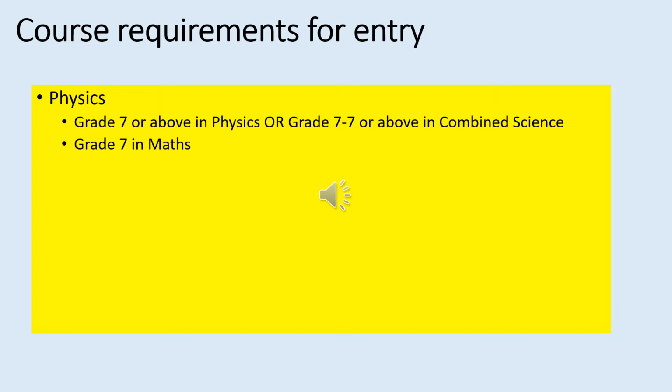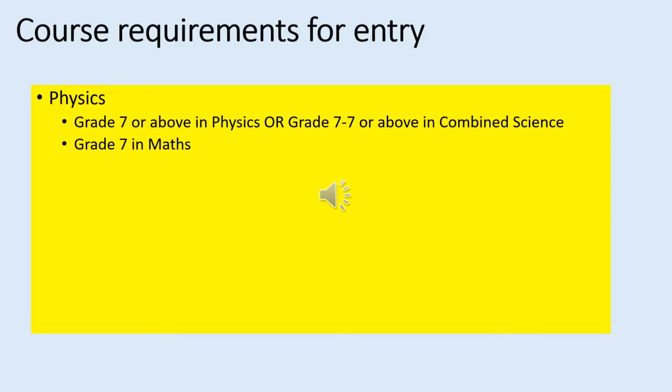Now, the usual requirement we have for entry into A-Level Physics is as shown on the screen. We have grade 7 or above in physics, or a grade 7/7 in combined science, and a grade 7 in mathematics. Most people who take A-Level Physics also take A-Level Mathematics. The 2 subjects are very closely linked.